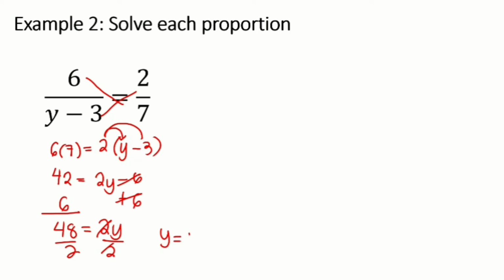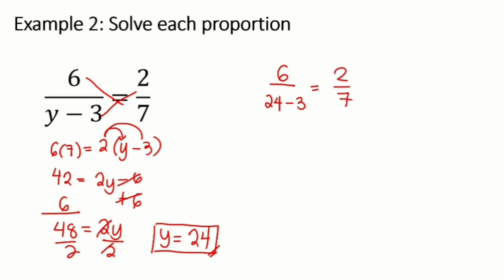The answer is 24. Now let's check if this will produce a true equation by substituting the value we obtained. So we have 6 over 24, which is the value of y, minus 3 equals 2 over 7.